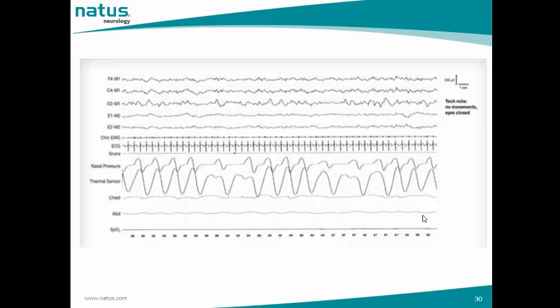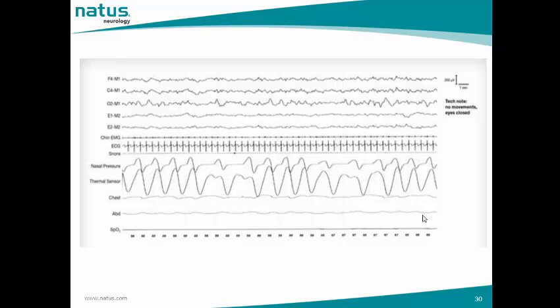In this example, there are 3 characteristics of stage REM, and those are the LVI on the EEG, the absent tone in chin EMG, and the irregular respiration pattern.